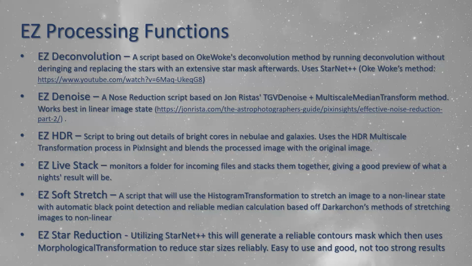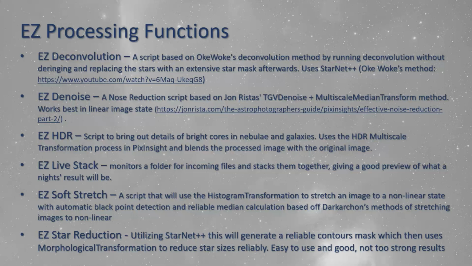The EZ Soft Stretch is basically an execution script for the histogram transformation to stretch your images from linear to nonlinear. It's a nice little script. We'll look at that first. And then the EZ Star Reduction is a really nice little script for reducing the stars in your images.